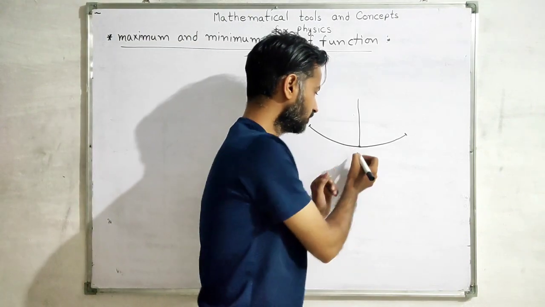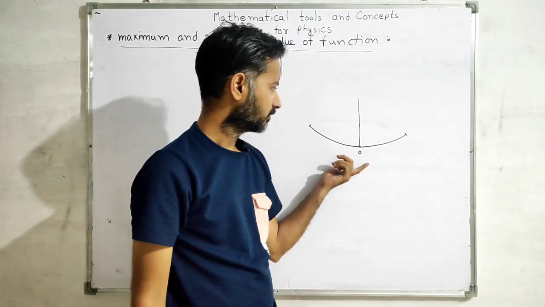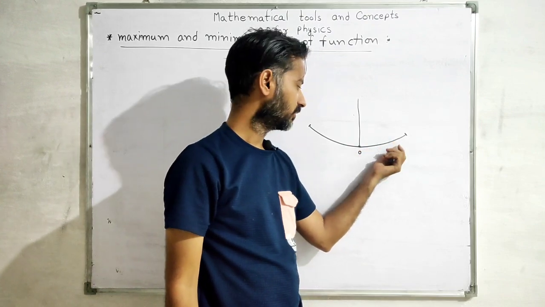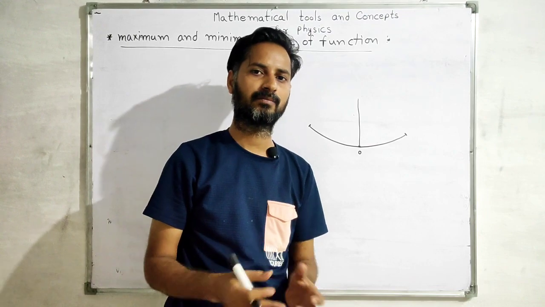Then this will be our point 0, so it goes to a maximum distance and comes to a minimum. So it has a maxima and minima.